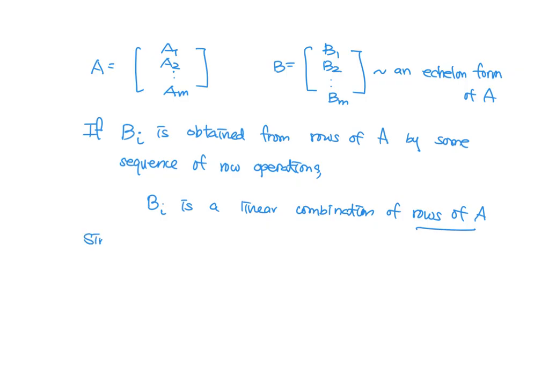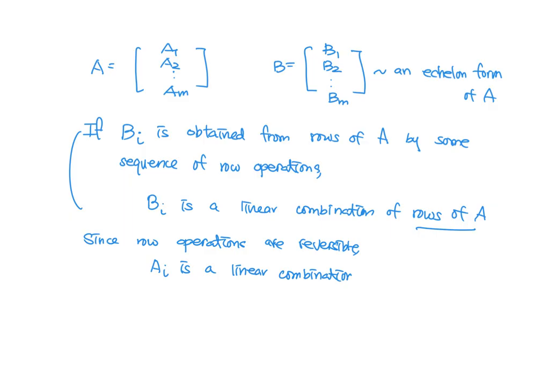Since row operations are reversible, I can consider this statement and claim that each row of A is a linear combination of rows of the B matrix.